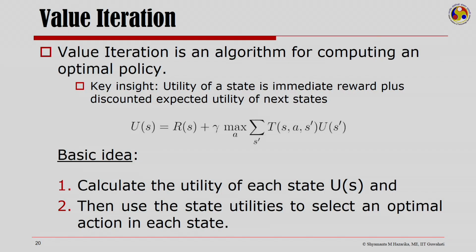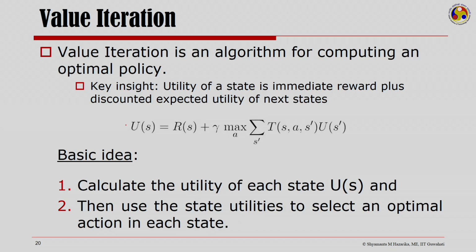Now, value iteration is an algorithm that allows me to compute the optimal policy. The key insight in this algorithm is that the utility of a state is the immediate reward plus the discounted expected utility of next states.